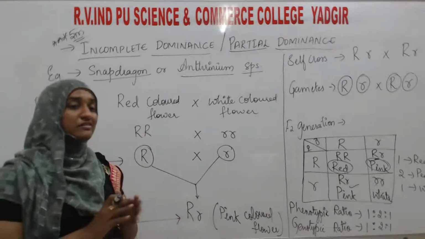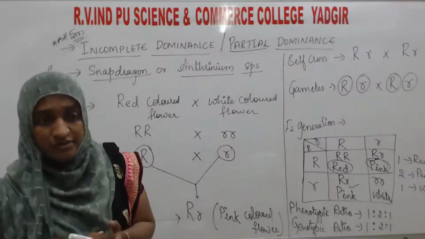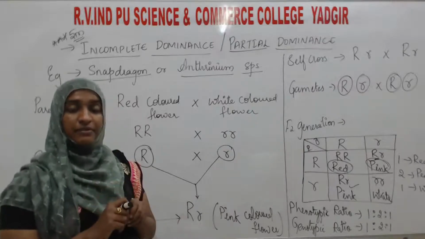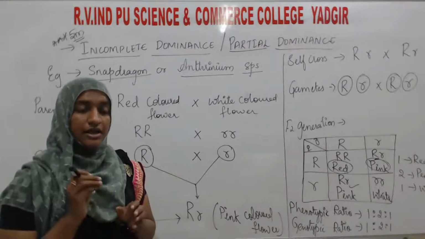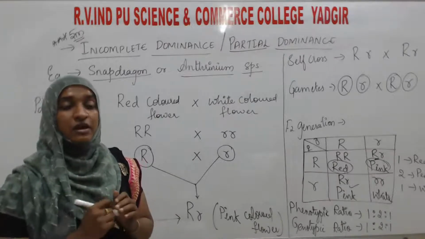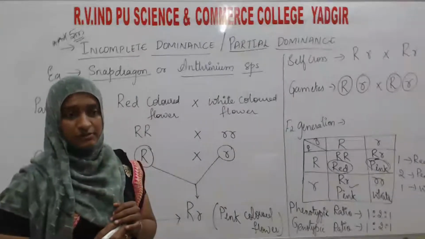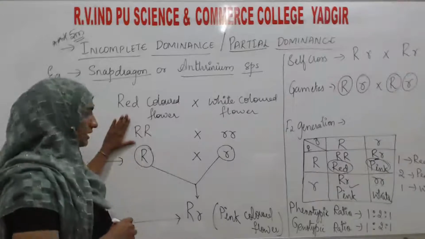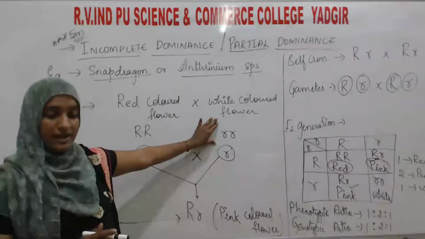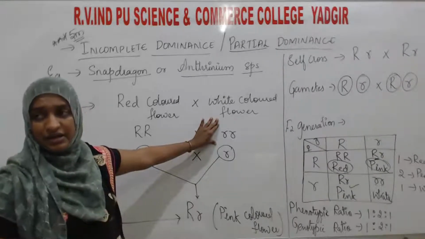Intermediate means, if you mix red color with white color by taking paint, you will get pink color. Like that only, blending and mixing up is going to take place. Mixing up of what? Of genes, which are inherited by the next generation. So here red color is incompletely dominant over the white color, which will produce a phenotype that is intermediate to the parental type.